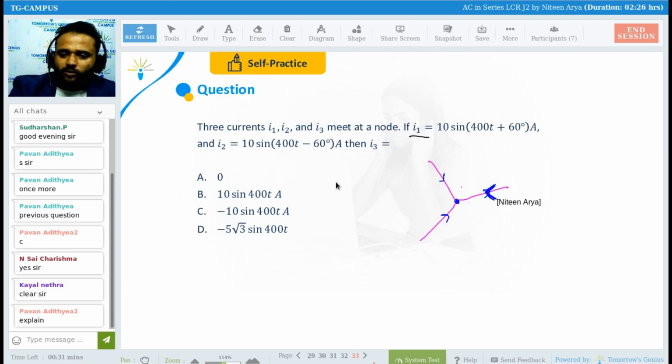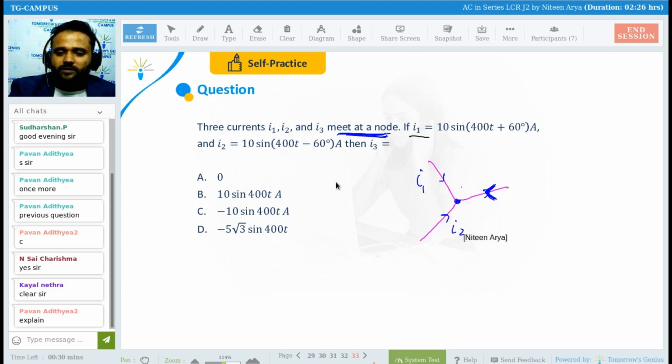Okay, so at this particular node, the current is going to be 0 because every current is going to be here. So from this node, any fourth branch is not given. So whenever this condition is given, I1 plus I2 plus I3 or any currents meeting at a node, the summation of those currents is 0. That is the thing I want to discuss first of all.